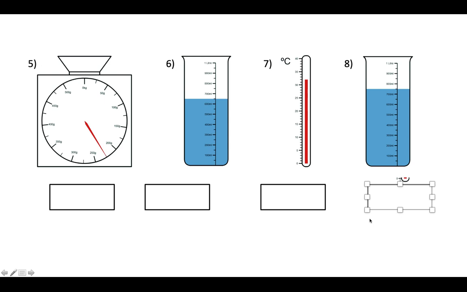And looking at the next ones, this one is going up in 25s, so we're 200, 225. The little lines in between here are every 50, so this is 650.